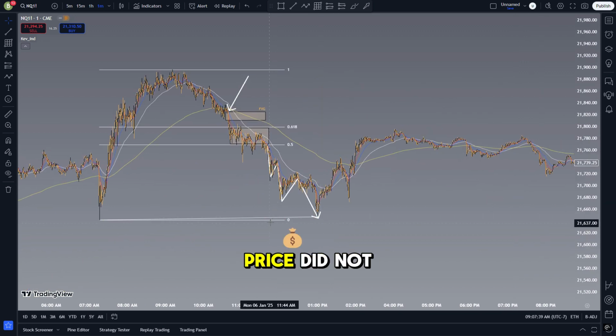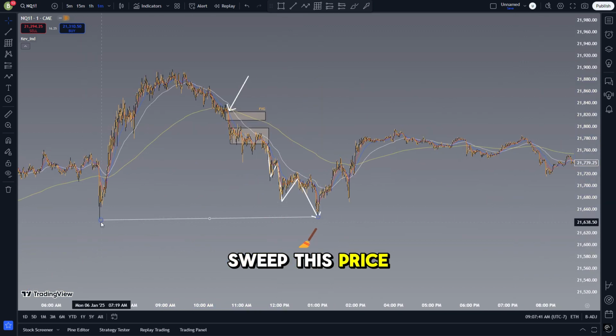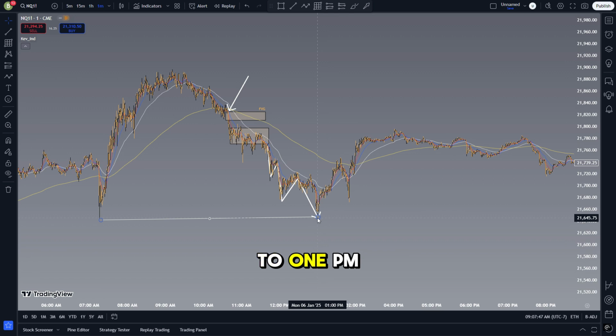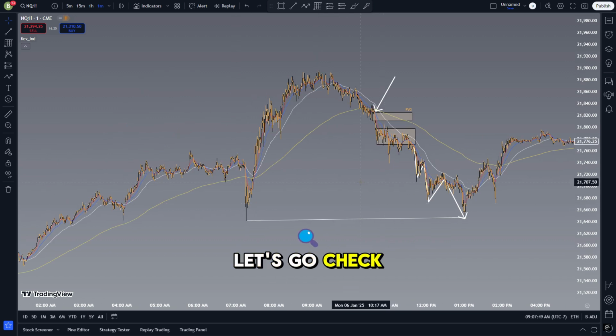Remember that. Price did not sweep this price point from Monday, January 6, 7:17 a.m. to 1 p.m. Now let's go check ES and see if that's what happened as well.